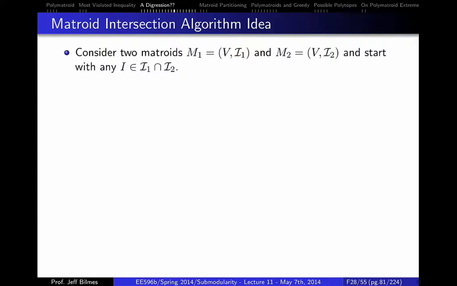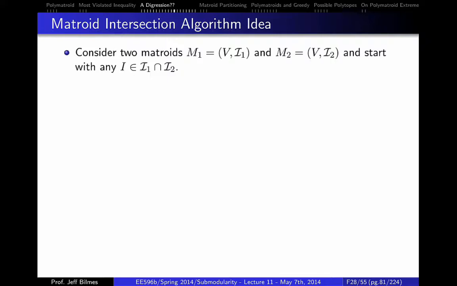So keep in mind, if you want to keep with the intuition that we did for bipartite matching, keep in mind the two matroids associated with a bipartite matching. But note that we don't need these two matroids to be partition matroids of a bipartite graph. They can be any matroid.